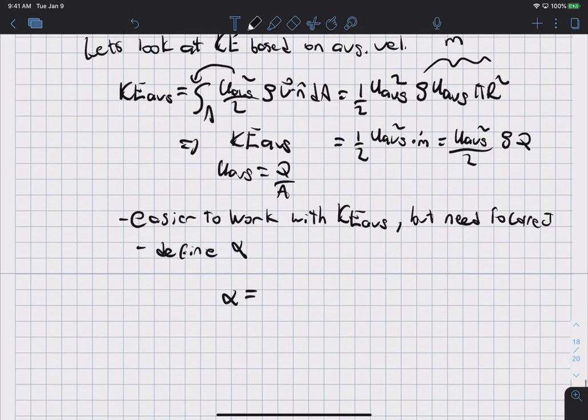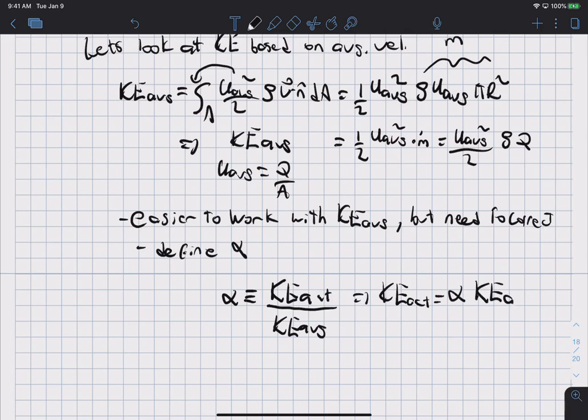And alpha is defined as Ke from the actual velocity profile over Ke of the averaged. Okay, and so that implies that the actual kinetic energy equals this bogey factor times the kinetic energy based on the averaged velocity.